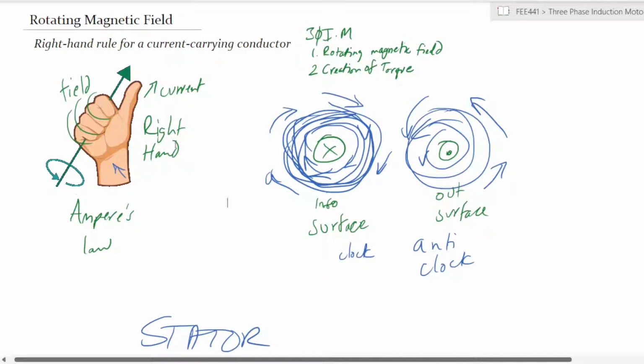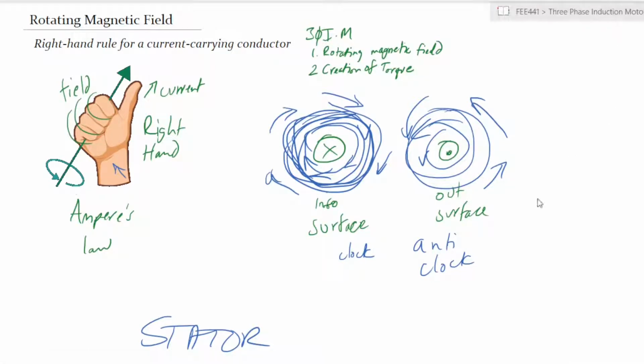And in terms of a cross section, if you have current flowing into the cross section, you have a clockwise direction, and if it's flowing out of the surface, you have an anti-clockwise direction of magnetic field.